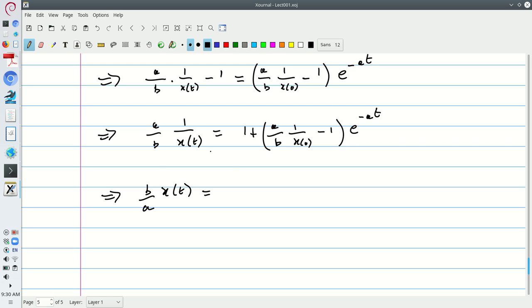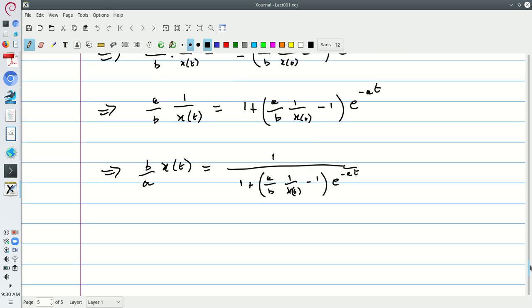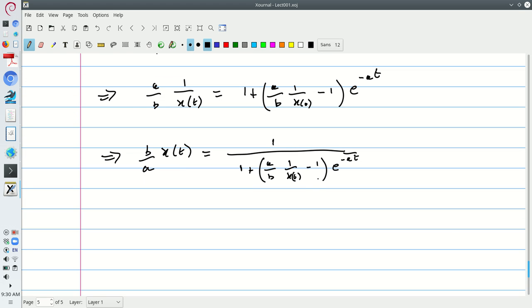So we take the inverse of this fraction here, and this becomes 1 plus a divided by b times 1 divided by x0 minus 1, times exponential of minus at.